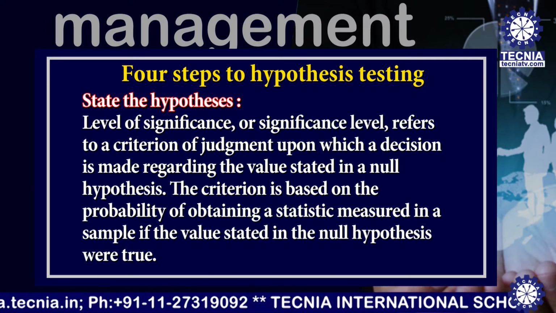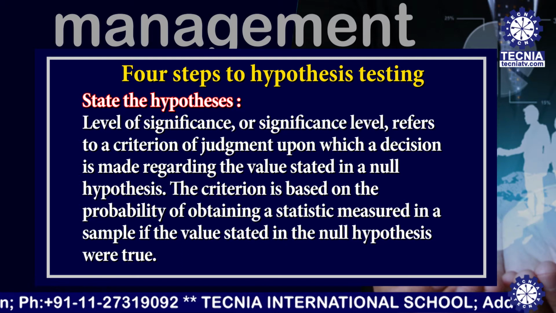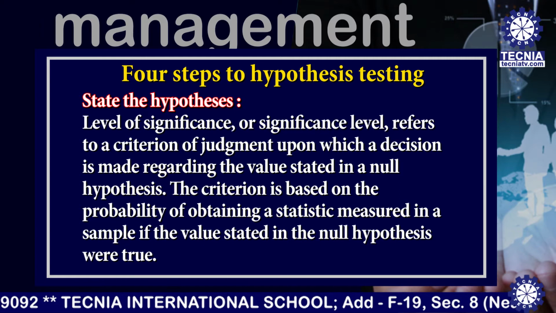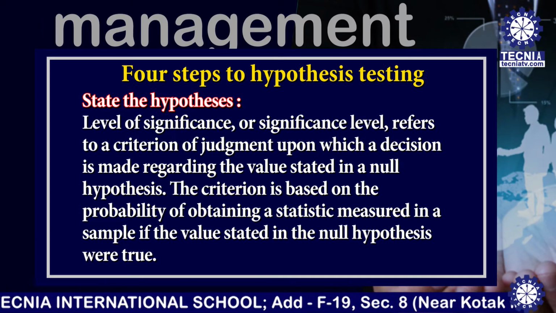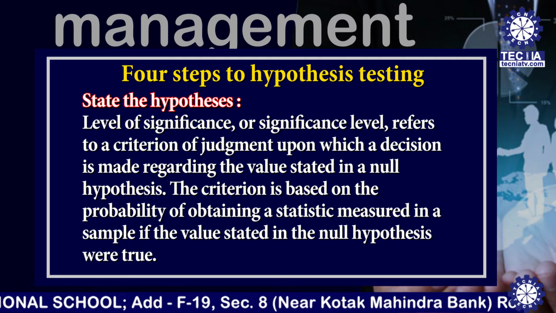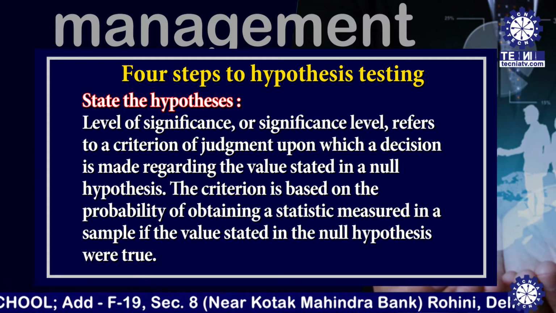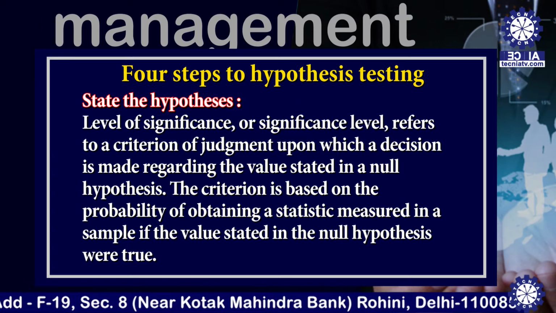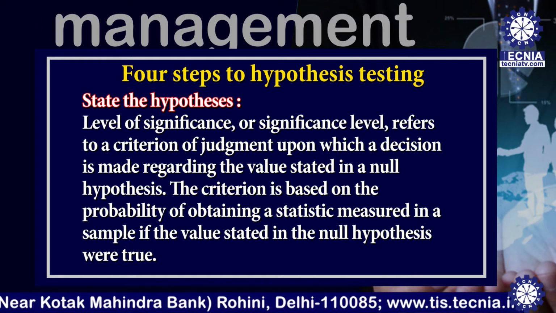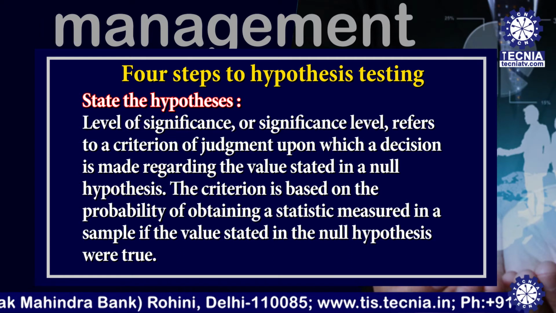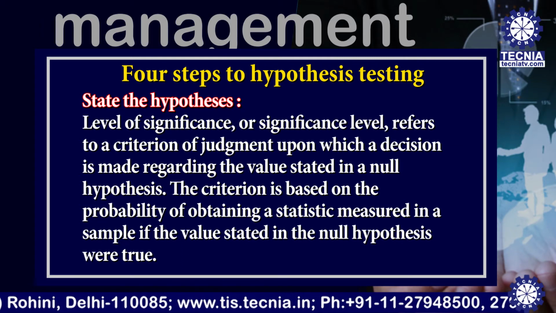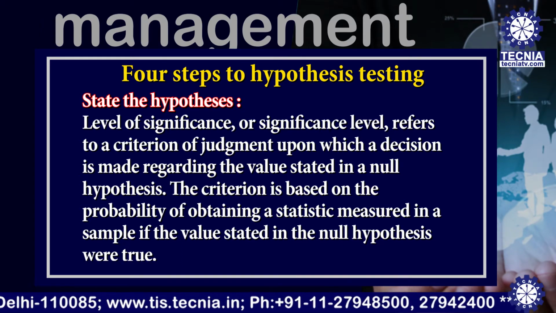Now, there is a term, the level of significance, or significance level. It refers to the criteria of judgment upon which a decision is made regarding the value stated in the null hypothesis. The criteria is based on the probability of obtaining a statistic measured in a sample if the value stated in the null hypothesis were true.